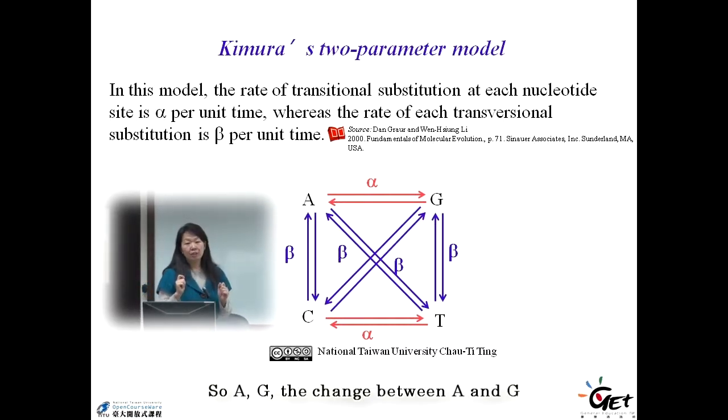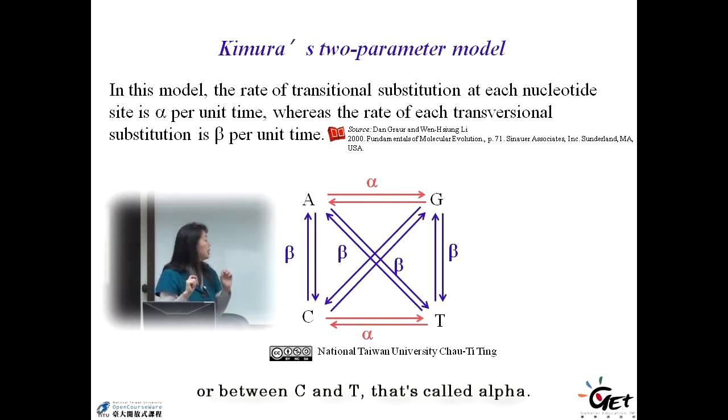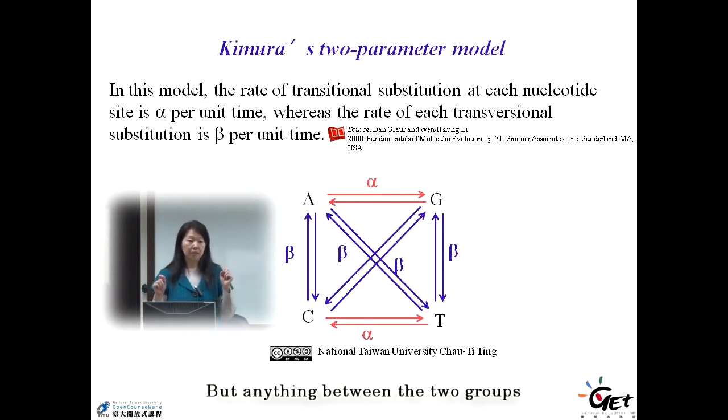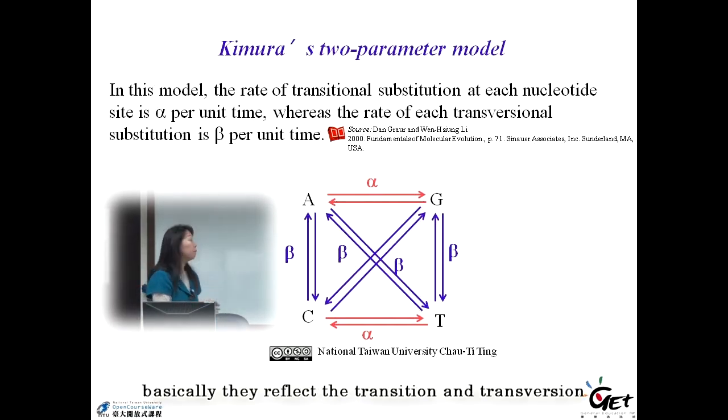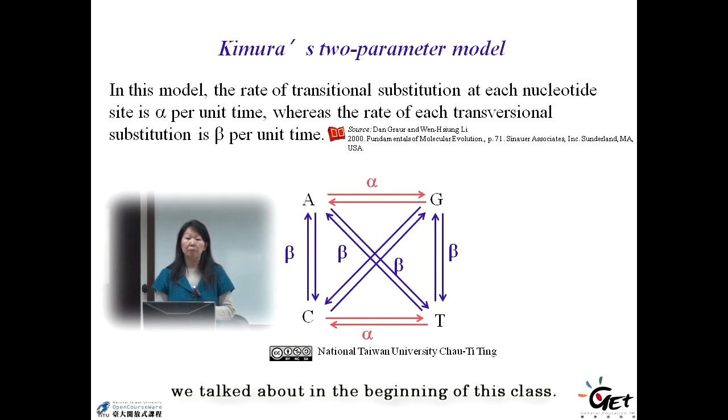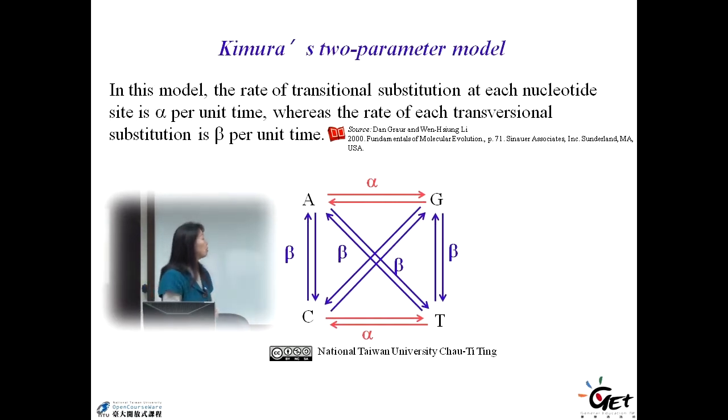The change between A and G, or between C and T, is called alpha. But anything between the two groups becomes beta. So we have two parameters here. Basically, they reflect the transition and transversion we talked about at the beginning of this class.